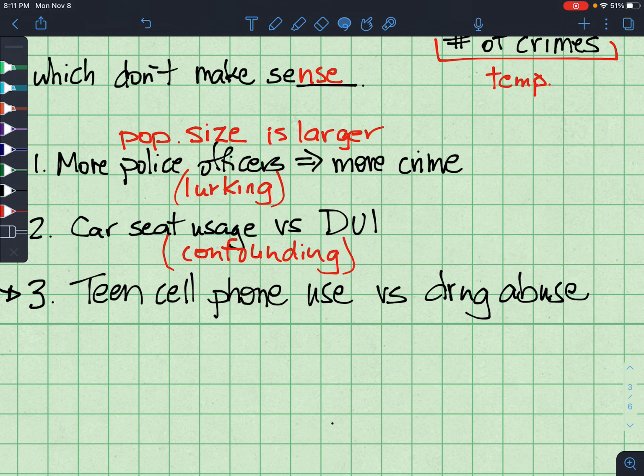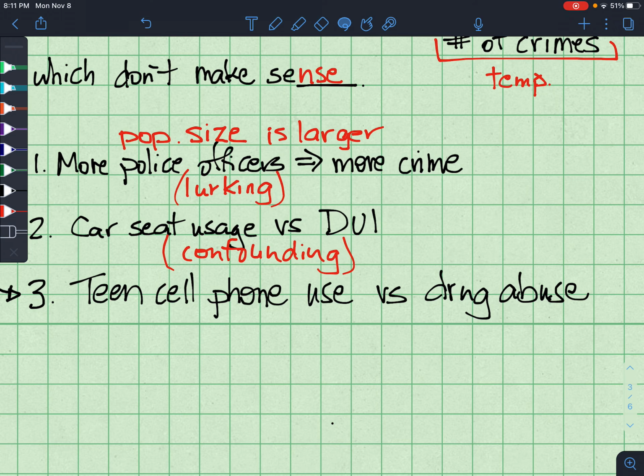Most of us, though, would tend to agree that no, cell phone use does not create drug abuse. It might possibly enable drug abuse because you can contact people more quickly from all sorts of corners of the world. But I would say for most of us, we would say there's a lurking variable here.